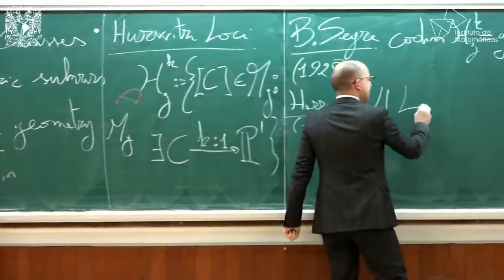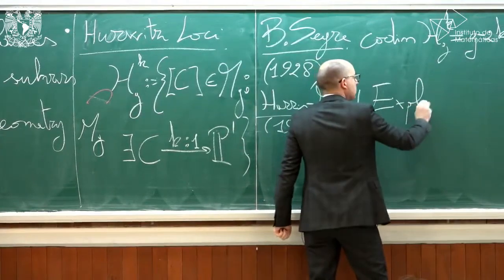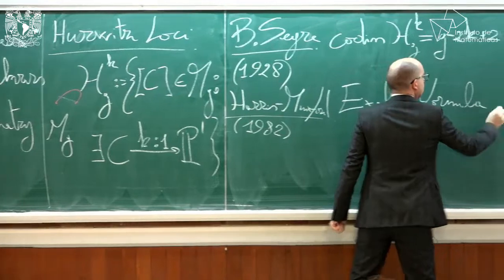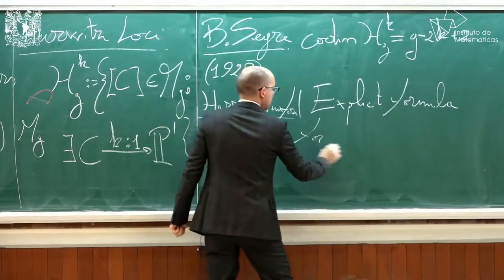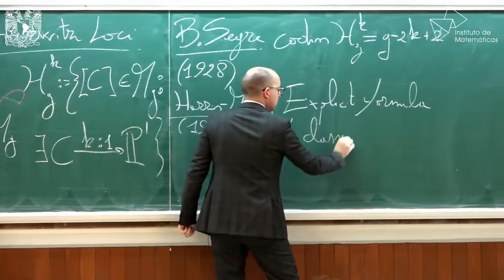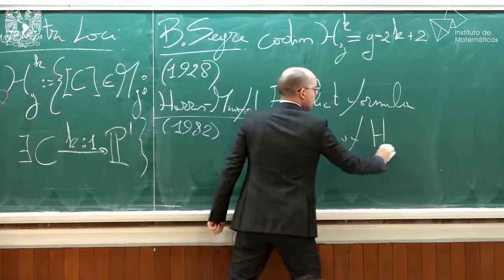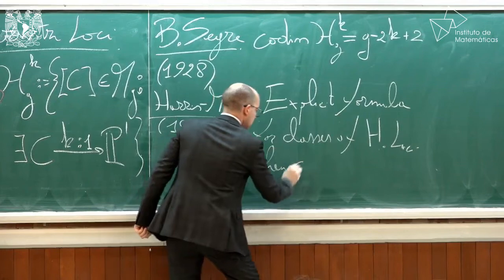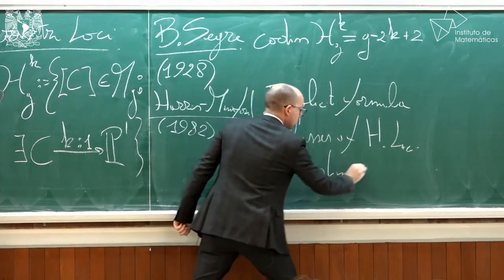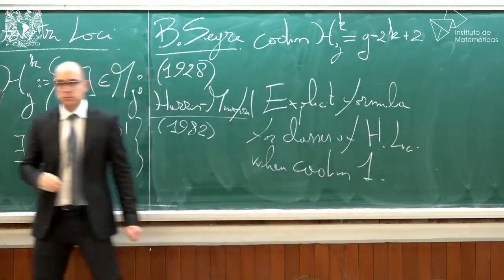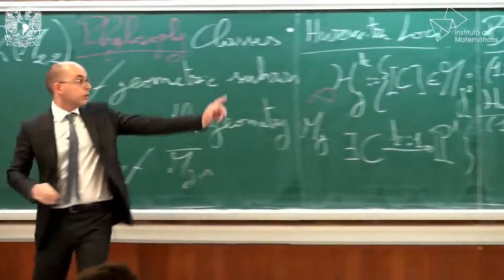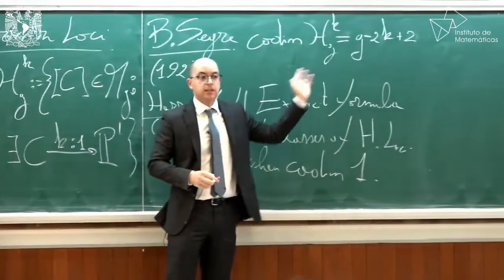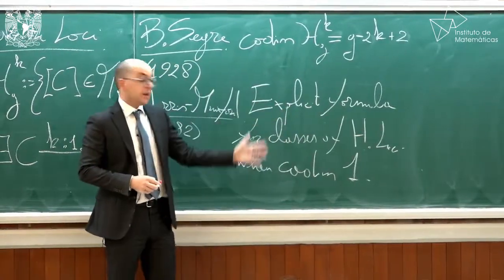Well, they compute an explicit formula for classes of Hurwitz loci when the codimension is 1. So you look at the formula over here, you solve for k in the case when exactly you get codimension 1, and they get you an explicit form.